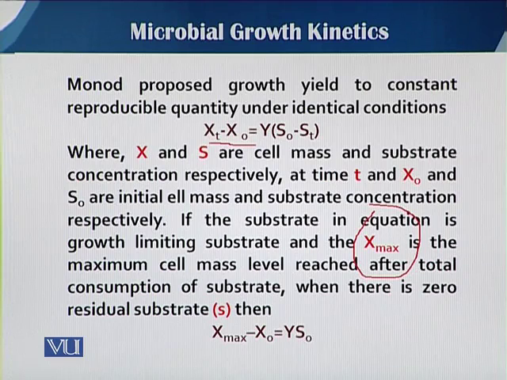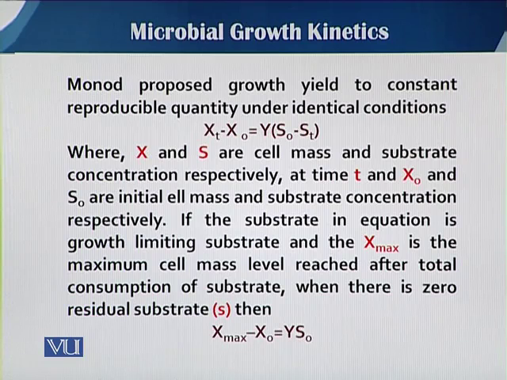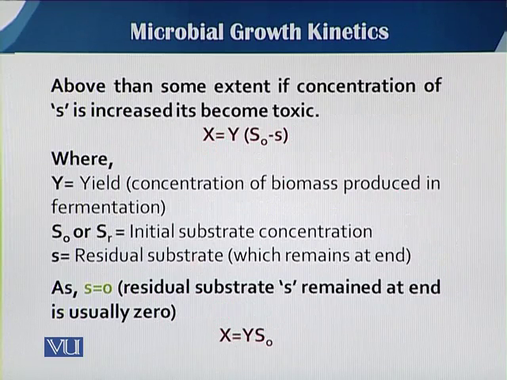If there is no more residual substrate for growth, then we can say that X maximum is equal to the yield factor multiplied by S naught, and that is only possible when growth happens. To some extent, if the concentration of S is increased, it becomes toxic.